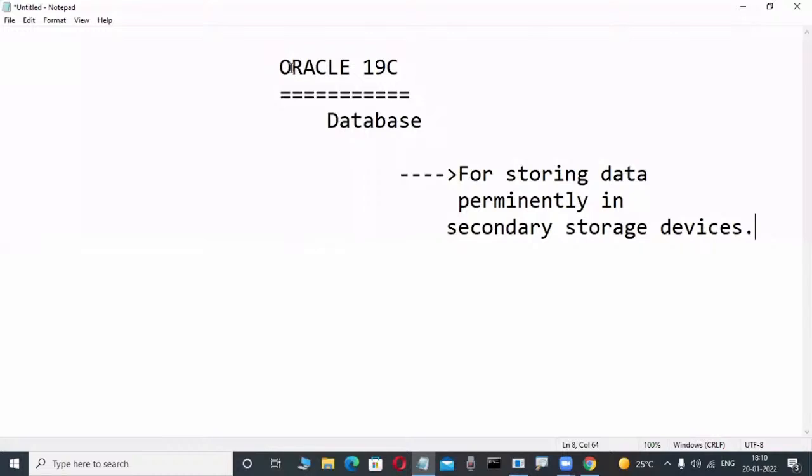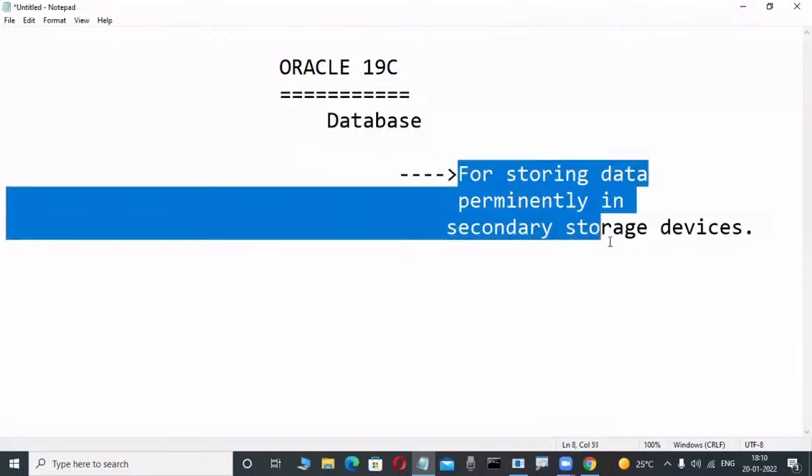That's why Oracle, a product from Oracle Corporation, with some version number, is a database product, one of the popular databases. But what is the purpose? For storing data permanently in secondary storage devices.